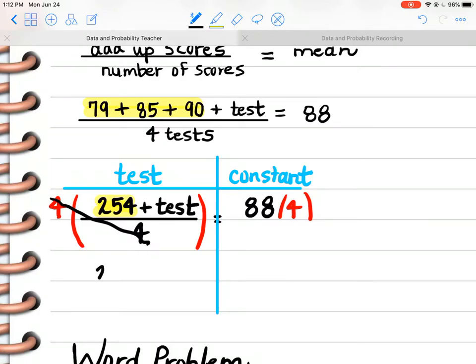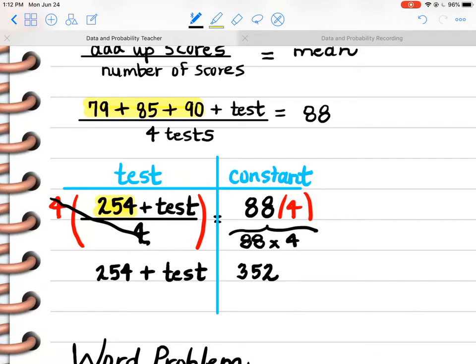So I am left with 254 plus this last test that's still out there to be taken. And then 88 times 4 is 352. 88 times 4 on your calculator is 352.